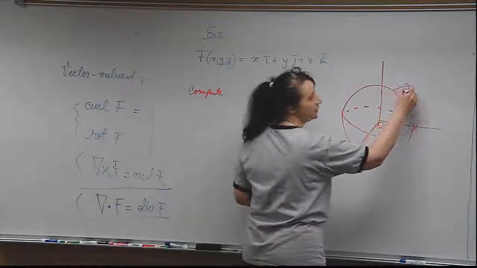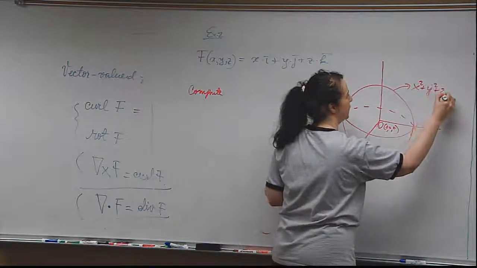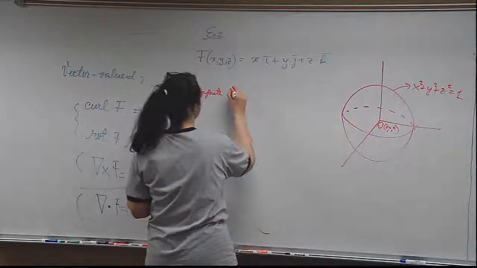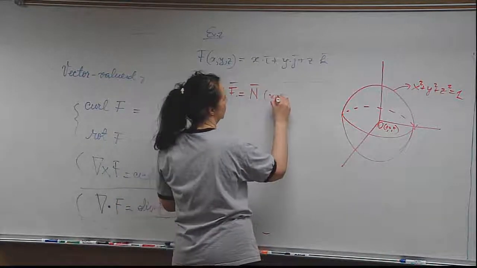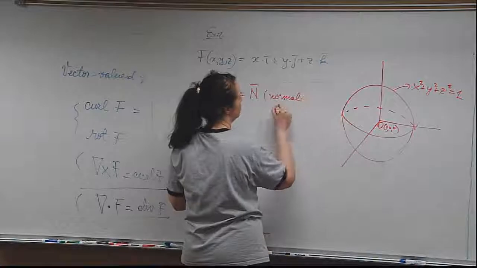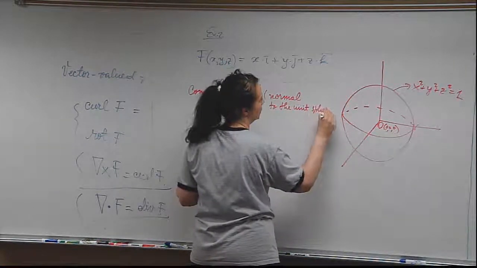What is the equation of the unit sphere, guys? X squared plus y squared plus z squared equals 1, right? Compute F equals the external normal to the unit sphere pointing out.